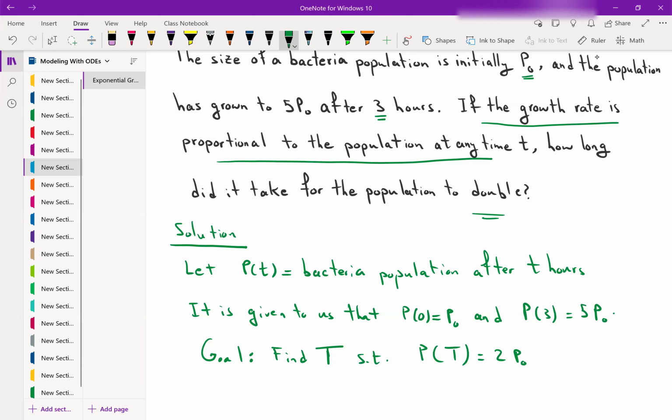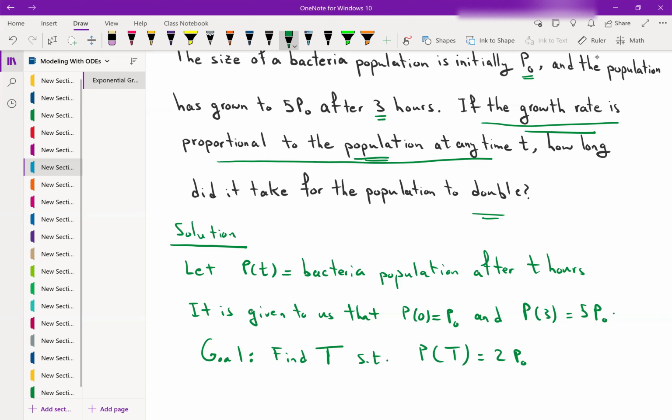constructing our ODE model. I want to find the differential equation for this P of t, and it's very easy to do that based on the assumption in the statement of the problem where it says the growth rate is proportional to the population. Remember, the derivative with respect to time is the mathematical translation of the term rate of change, growth rate.